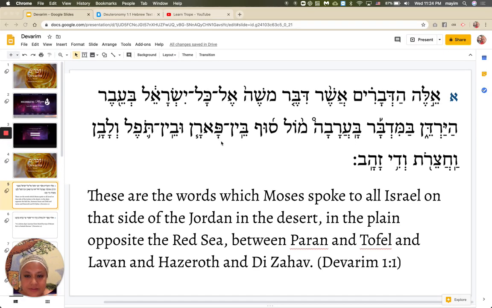Now this is the name Paran, but it's thought that the root of this is related to the word which means bough, B-O-U-G-H, like the bough of a plant, or also like a fruitful bough, like the word peri, which means fruit.